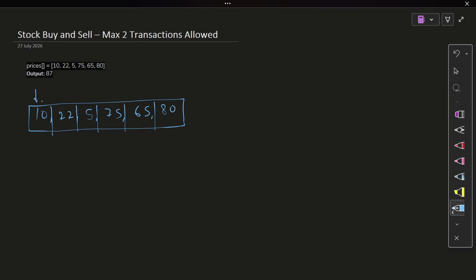Suppose I buy at 10 and sell at 22. Maximum profit 22 minus 10 equals 12. Again, I will buy at 5. The first transaction is completed.